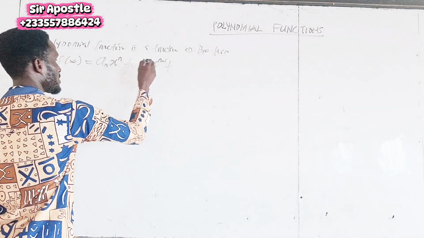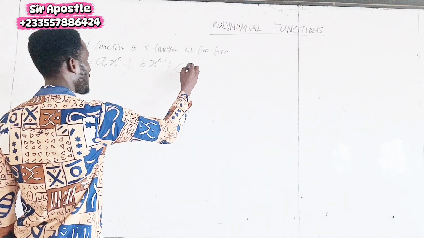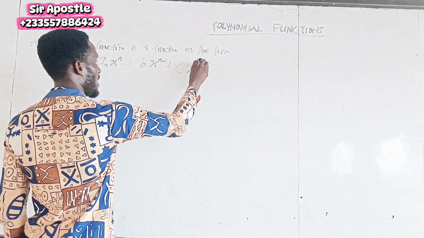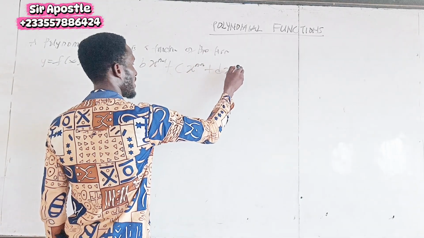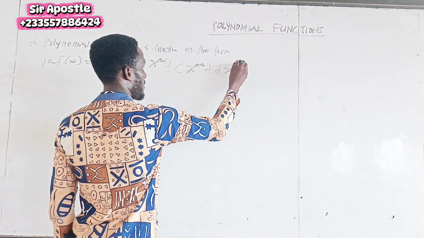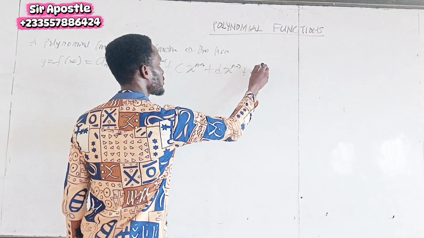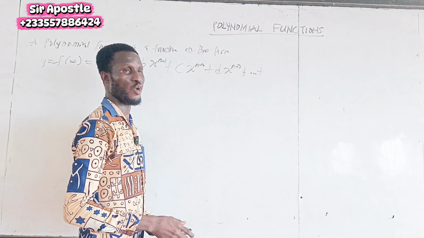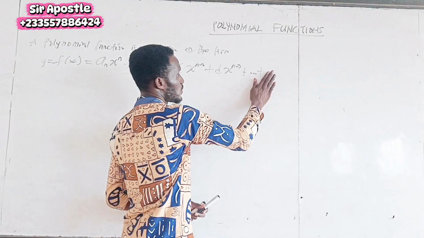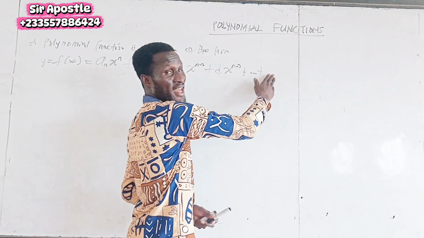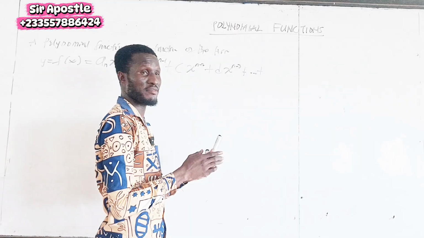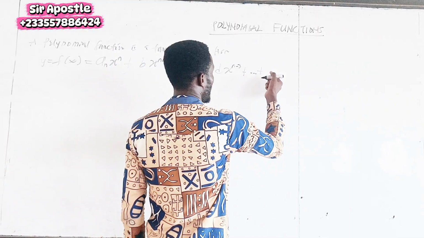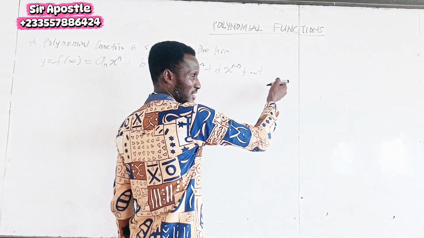So let's say this one is b, and we can have c x exponent n minus 2 plus d x exponent n minus 3, up to any constant. So we can write plenty of things about a polynomial function, up to the last constant.